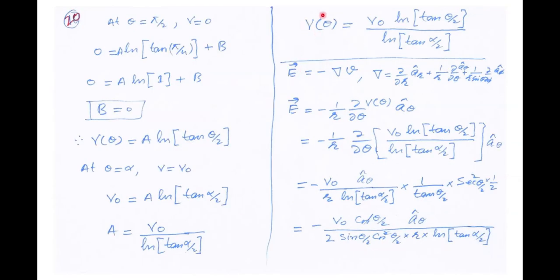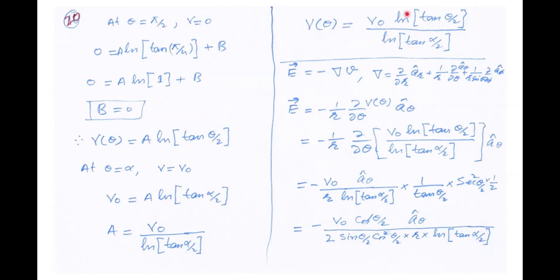Now we can easily obtain the electric field using the negative gradient of scalar potential. So expand the nabla operator in spherical coordinate system and then differentiate the given function with respect to theta, with respect to phi, with respect to r. But in this case, the obtained potential function is independent of r and independent of phi.